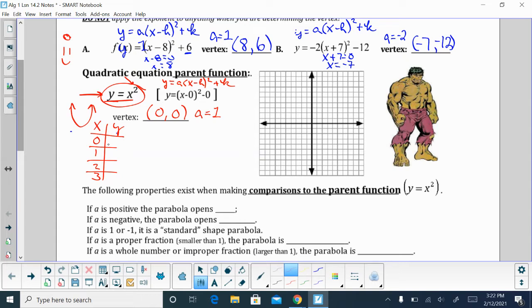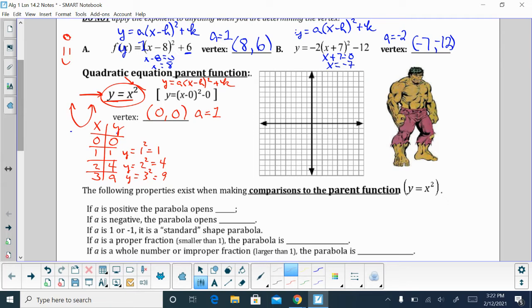So when x is 0, y is 0. When x is 1, I get 1. When x is 2, I get 4. And when x is 3, my value for y is 9.